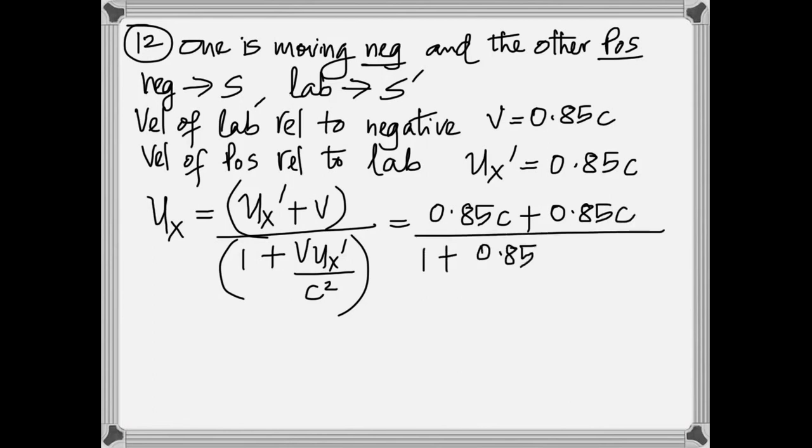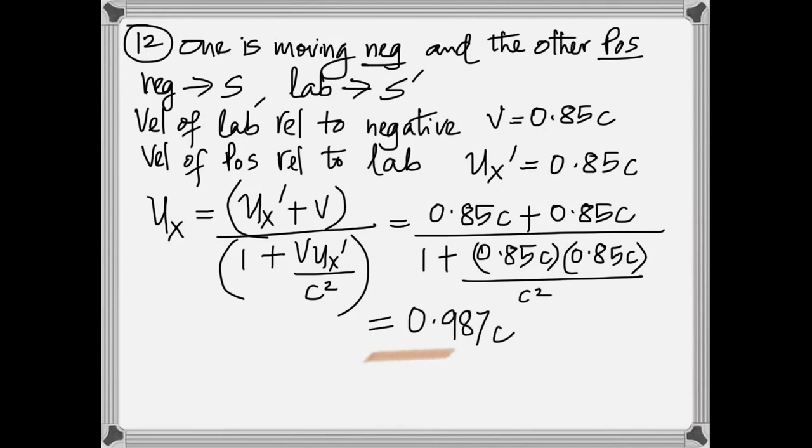Substitute the numbers given and calculate. Get it as 0.987 c. Alright, so those are the 12 questions from relativity.